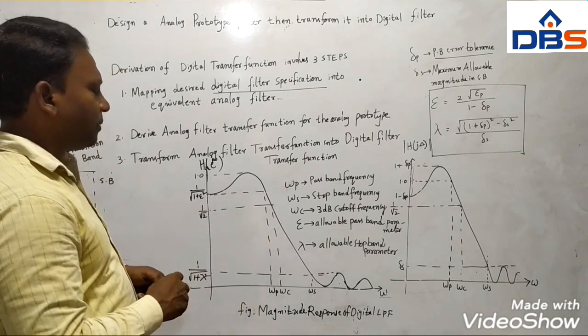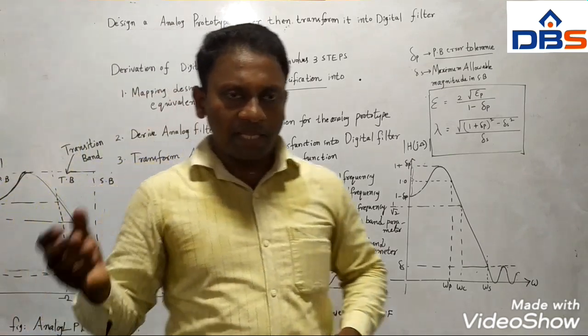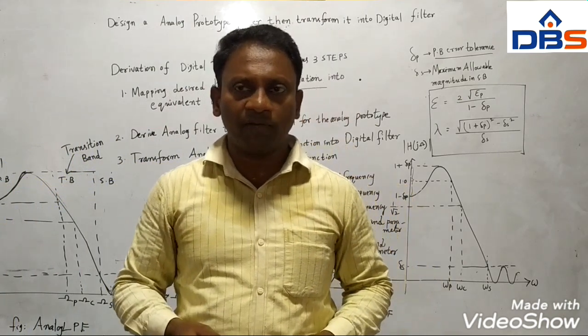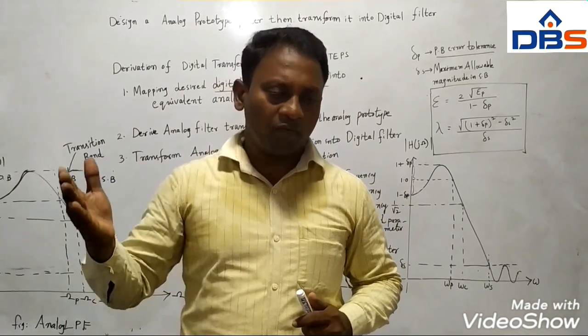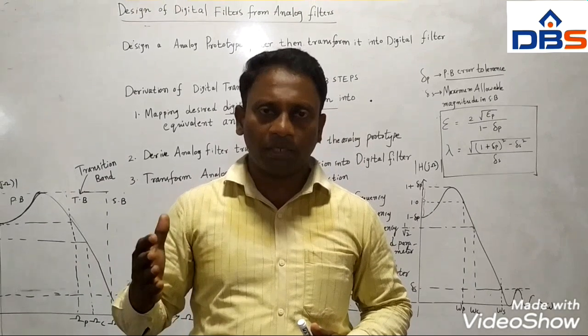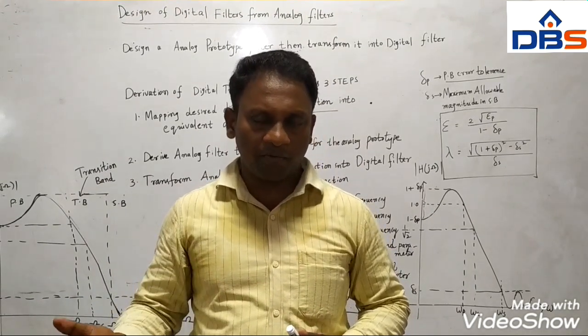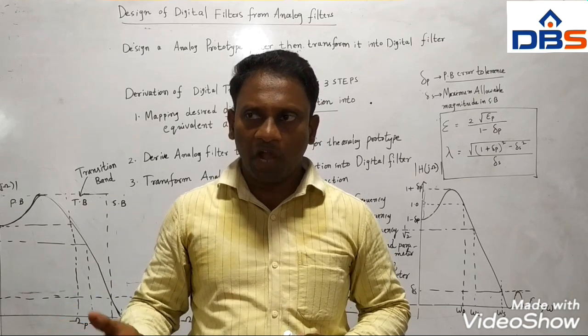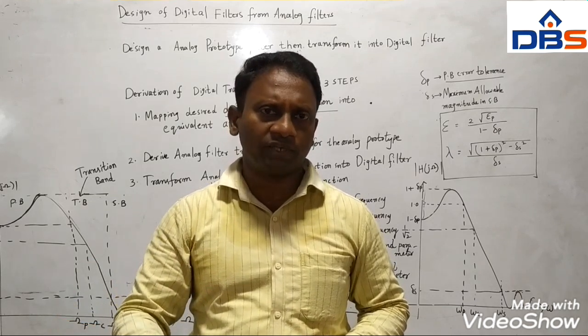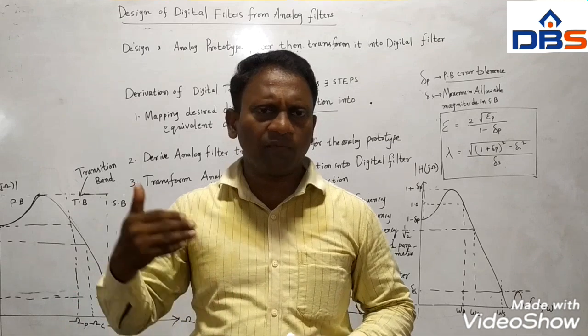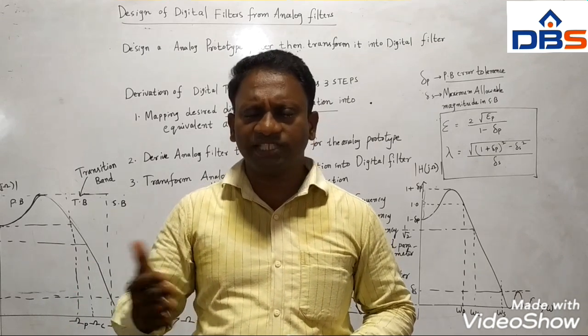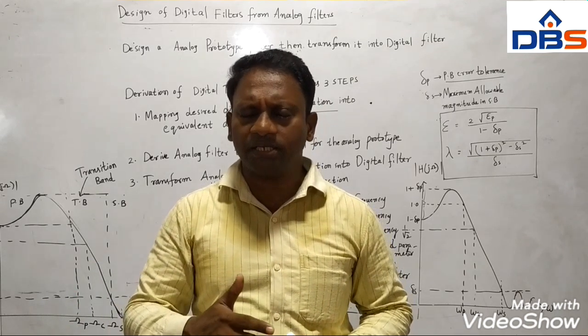So to design any digital filter, first we have to design a prototype of the analog filter for the given digital filter specifications. After that we find the analog filter transfer function; we'll see that derivation procedure later.